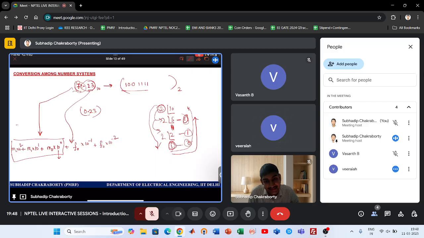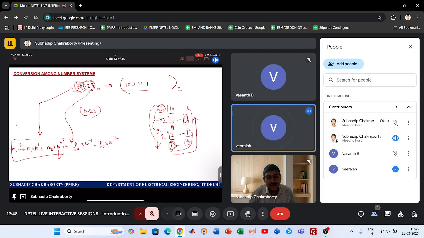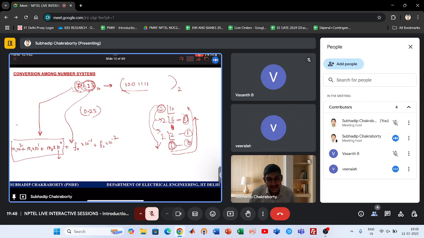So how can you encode? It is lesser than 1 but greater than 0, the fraction I am telling. So in order to encode with zeros or ones, you need to multiply actually. Why multiply? Because that will give me the strength of that bit, right? If it is coming 1, then that bit is of strength 1.